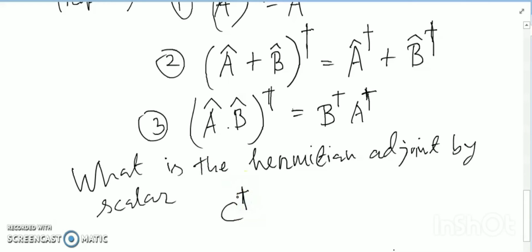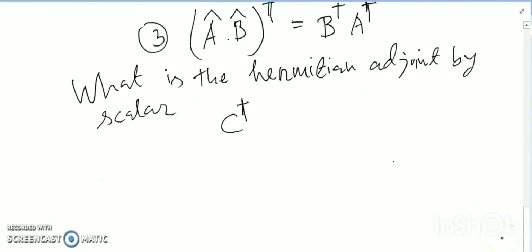We can set up an inner product with the scalar number as the operator. We want to know how to move this scalar to the other side of the inner product.